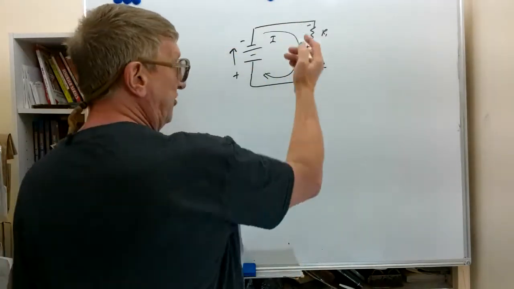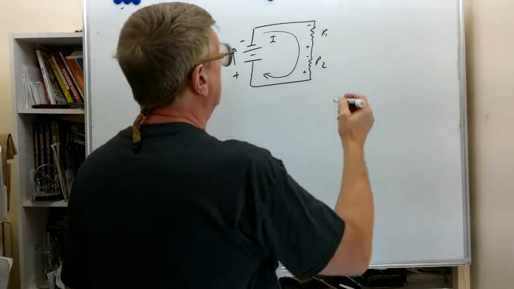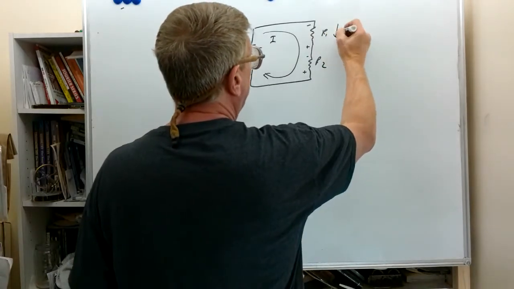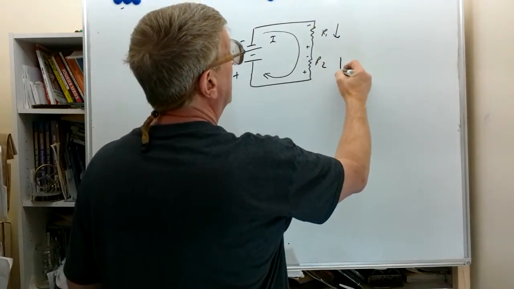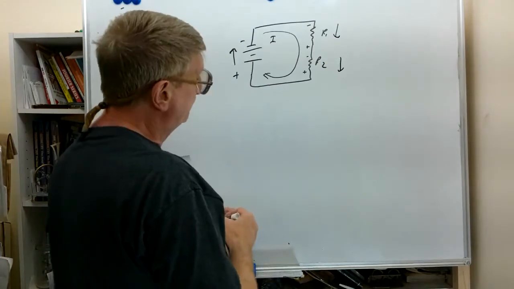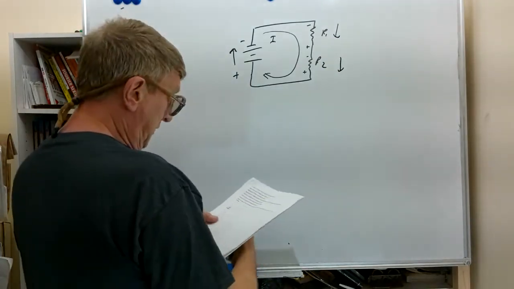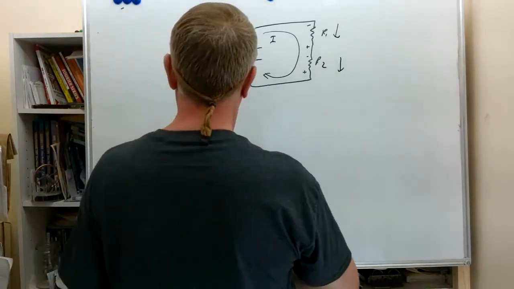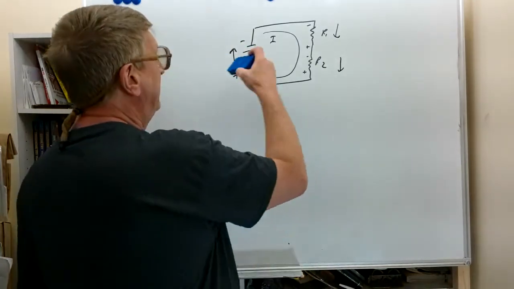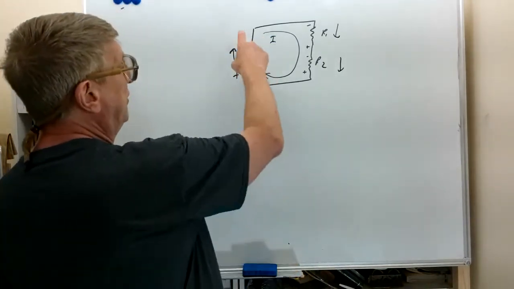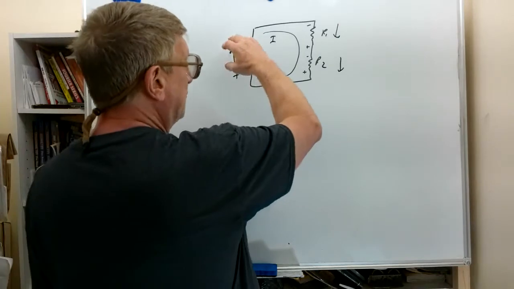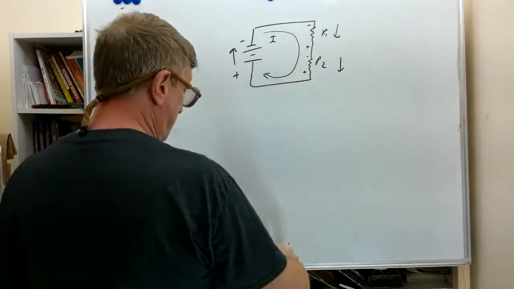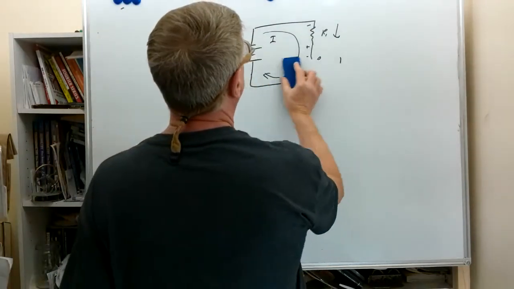But outside the source, in the loads or the power consumers, the electrons travel from the negative to the positive. The battery, this difference in charge, causes electron drift that gets this current flowing through the circuit.